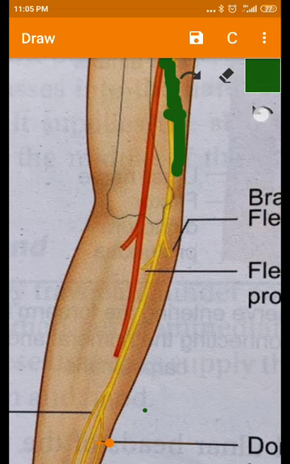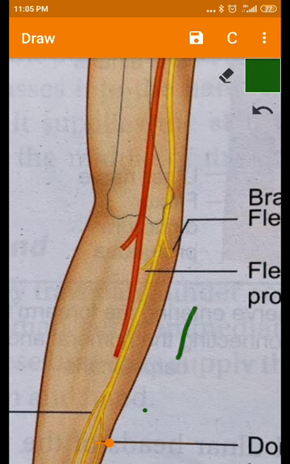So now in the arm, the ulnar nerve lies medial to the brachial artery, and at the middle of the arm it pierces the medial intermuscular septum, comes to the posterior aspect, passes through the arcade of Struthers along with the ulnar collateral artery, and descends.